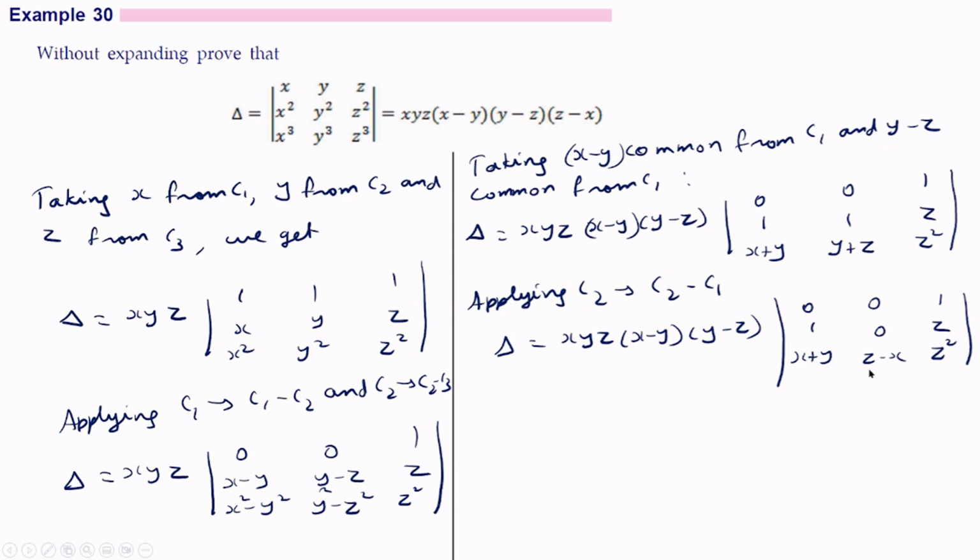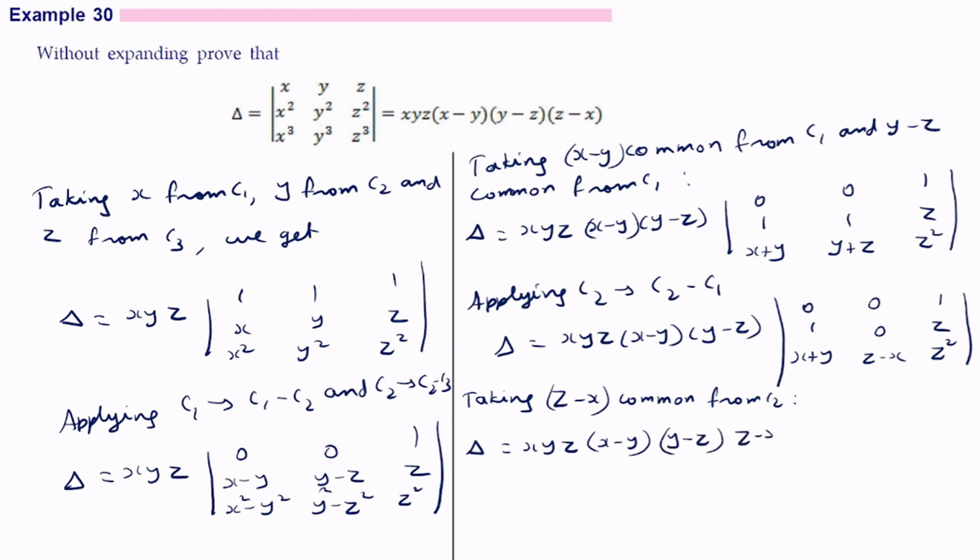So from here let us take z minus x common. Taking z minus x common from C2. So delta equal to xyz into x minus y, y minus z into z minus x into 0, 0, 1, 1, 0 z, x plus y, 1 z square.